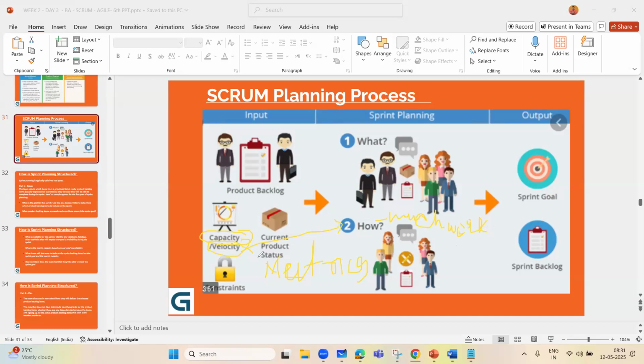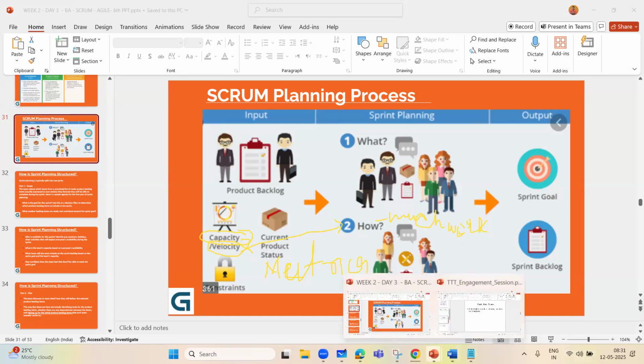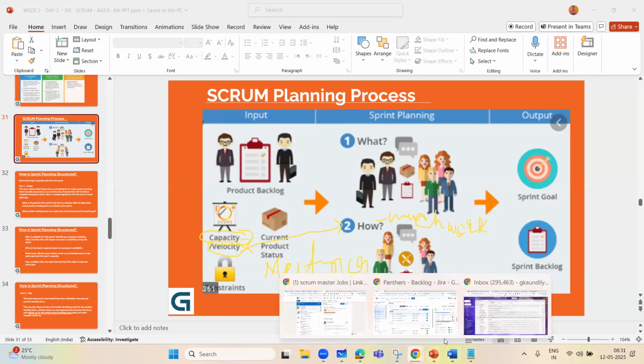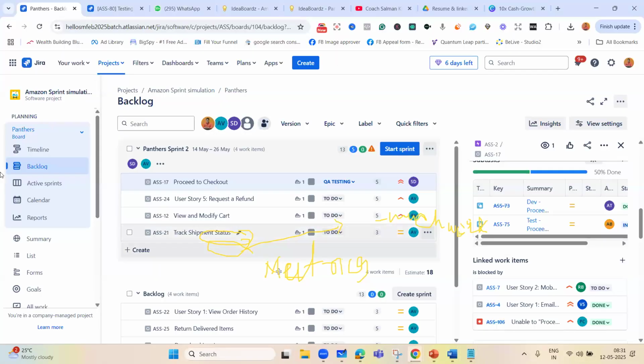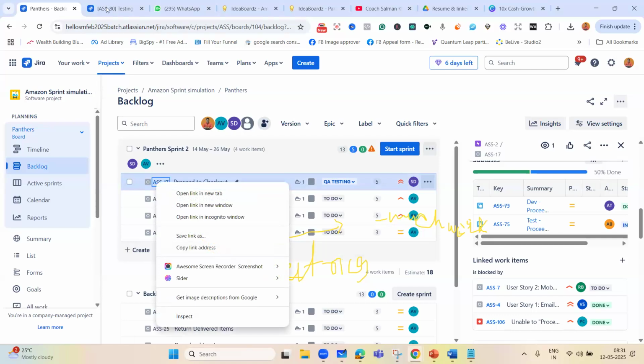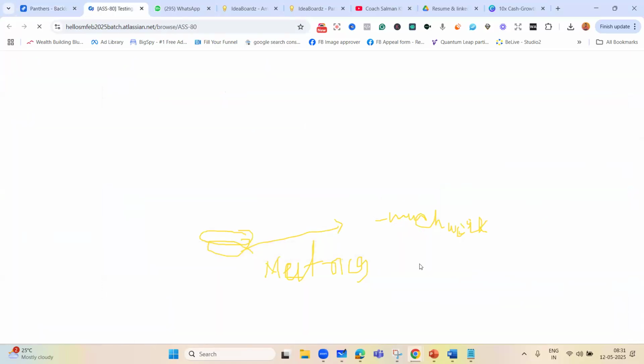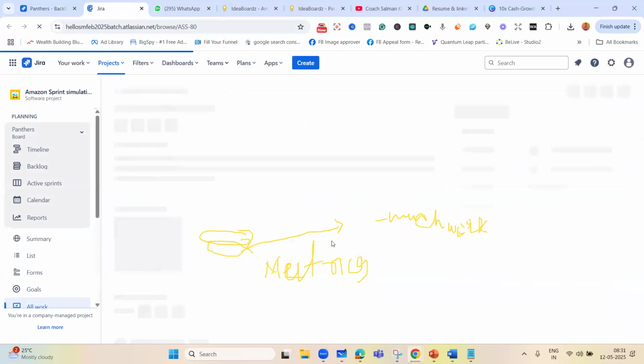Okay. So generally what are we going to deliver at the end? Just now we spoke. What are we going to deliver at the end? Yeah, we are going to deliver the project at the end, but we are not delivering the entire project together.